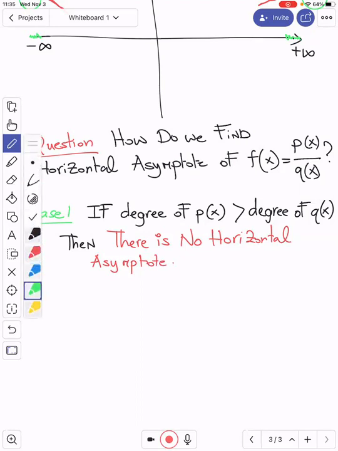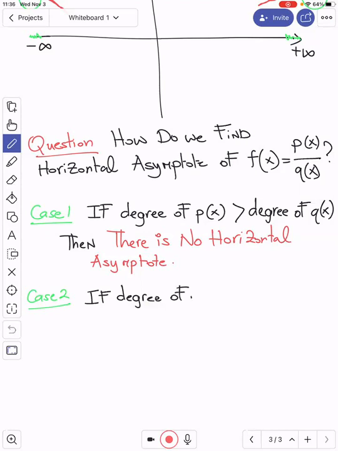The second case, and I promise, guys, after this we're going to do a lot of examples. Case number 2: if the degree of p, the top, is less than the degree of the denominator, then this is exactly like our example 1/x. 1 is like p, x is like q.